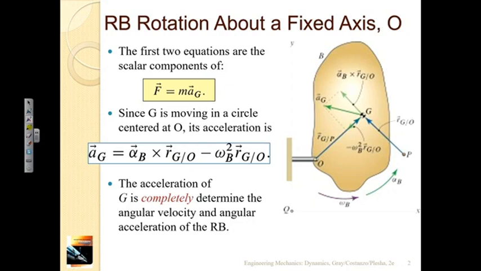So we talked about, hey, we had very generically moments about any old point P. Then we had sum of moments about point O with O on the rigid body.